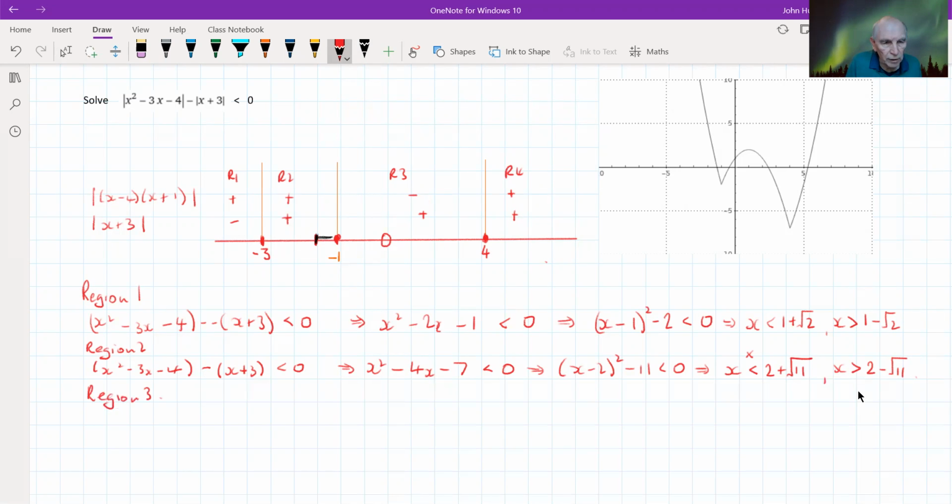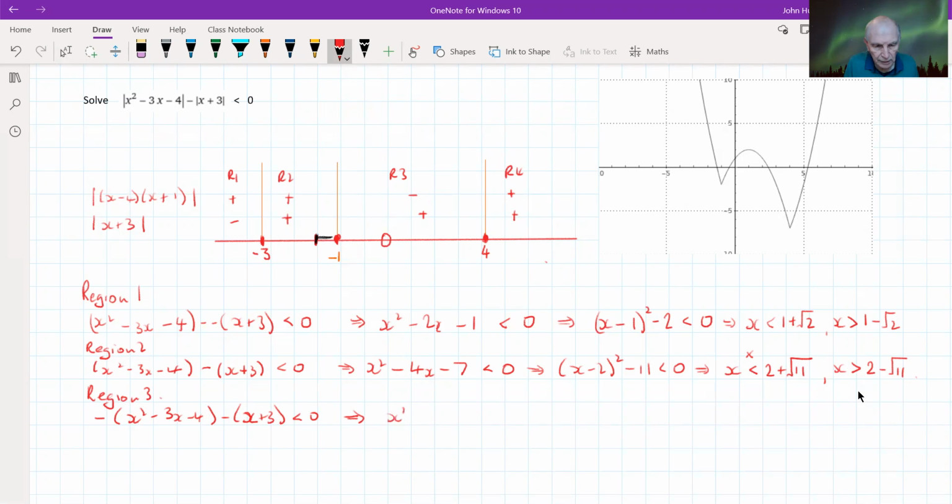Okay, so region 3. Now, if we put the signs on our absolute values, we're looking at this inequality, and let's just assume that we can work that through.